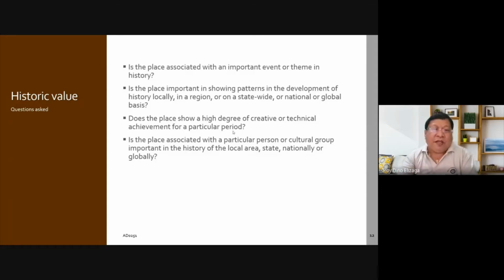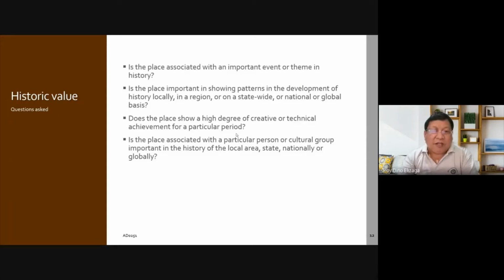And so they preserve the ruins. Is the place important in showing patterns in development of history locally, in a region, or on a statewide, national, or global basis? I have an example later that is related to this.